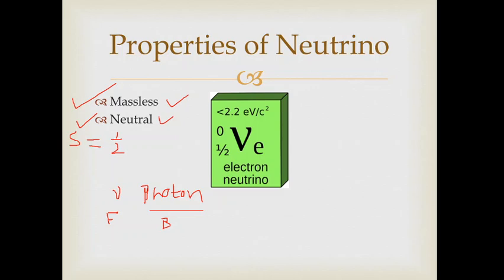Now the whole idea is, why is it a ghost particle? Massless. Millions and trillions of neutrinos pass through our body, but we don't realize them. It's massless, so it hardly has any impact. It can pass through any object. It can pass through the crust of the earth. It can pass through space.